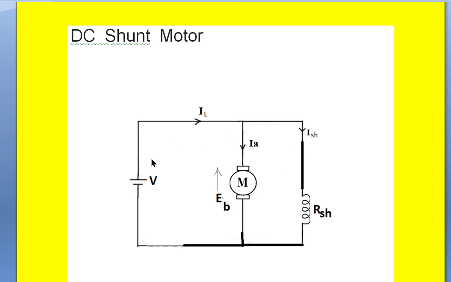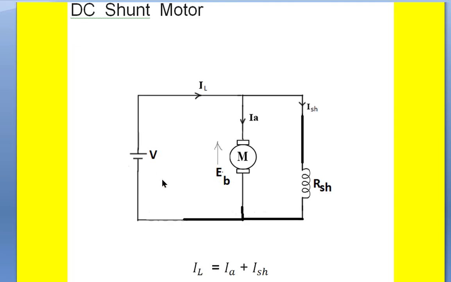Whereas the armature draws the maximum current from the supply, and this current we represent with IA, whereas the shunt field current we represent with ISH. The input current is called the load current, also called IL.